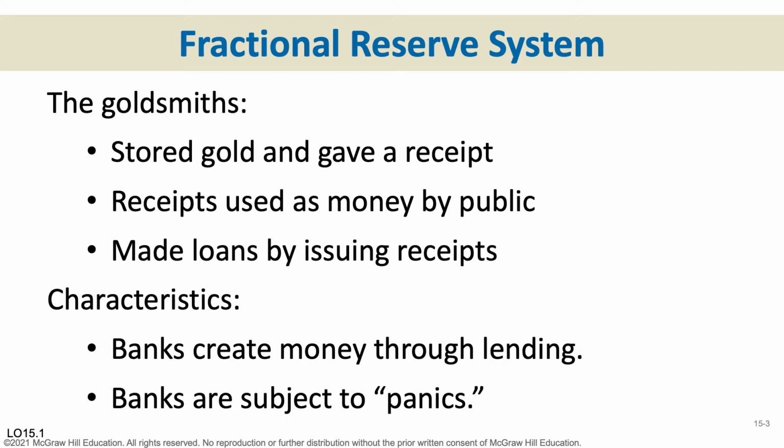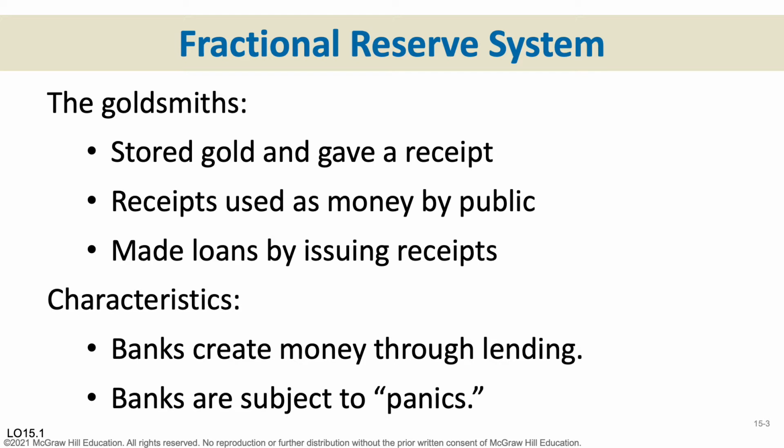So you want to think about whether those paper receipts that the goldsmith was giving out were actually money. To do that, you have to look at those as compared to the three functions of money we talked about in the last chapter. The receipts were being presented for payment, so they were working as a medium of exchange. People were willing to give them. Shop owners were willing to accept them. They also stored well.